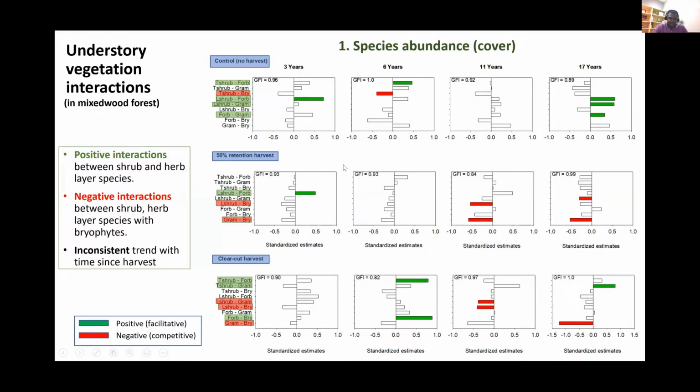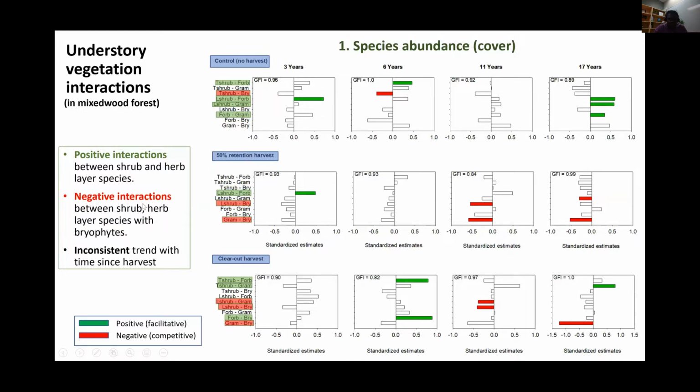And what do we see? Mostly facilitative interactions, positive interactions, between the shrubs and the forbs. So our shrub layer and herbaceous layer species were mostly facilitating each other, which was great news. So they're coexisting, they're not competing.